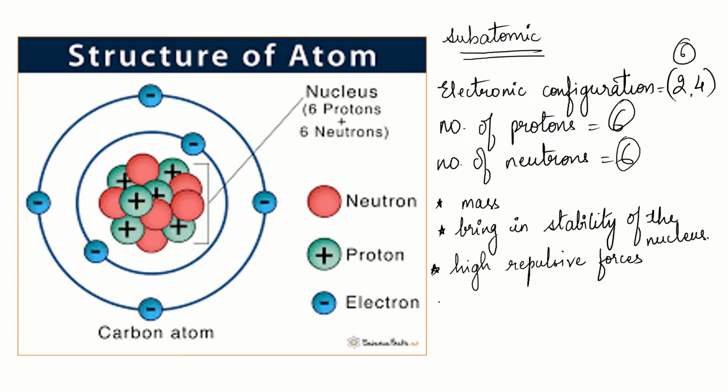So the neutrons are required for balancing out the electrostatic forces or the repulsive forces, which are very strong. We are just talking about carbon here, which has merely 6 protons. But if you are talking about heavy metals like uranium, we know that they are heavy and they constantly emit radiation.